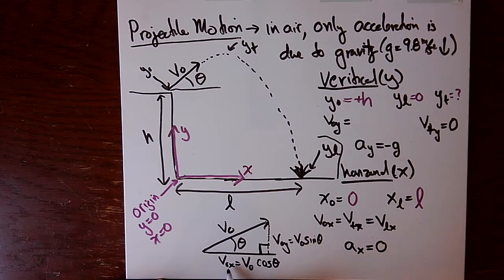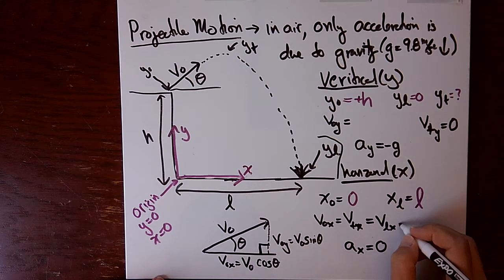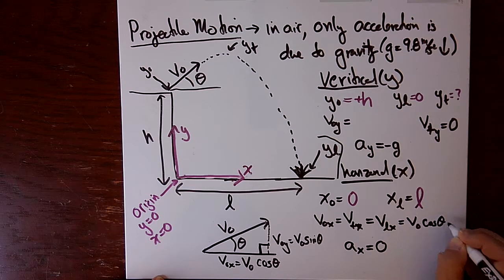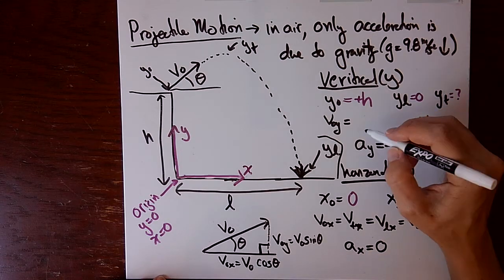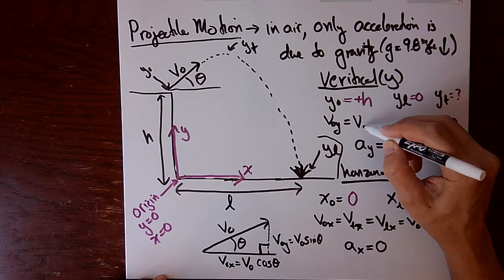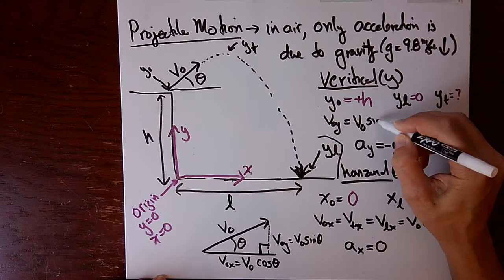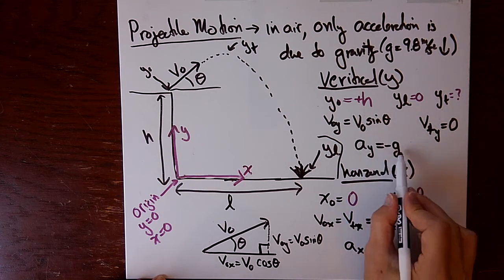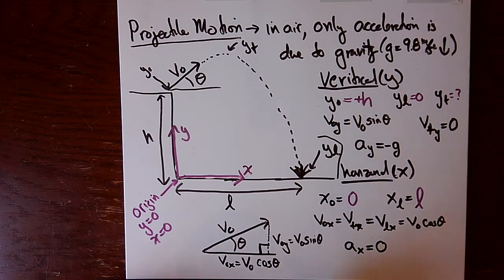That tells us what we need. So my x velocity is going to be v naught times cosine of that angle all the way through. And at least at the beginning, my y velocity is going to be v naught sine theta. But then, of course, that one's going to change because it's the y component that's got that acceleration.